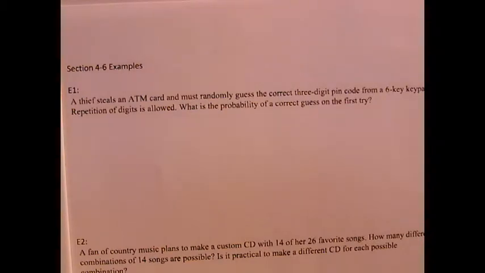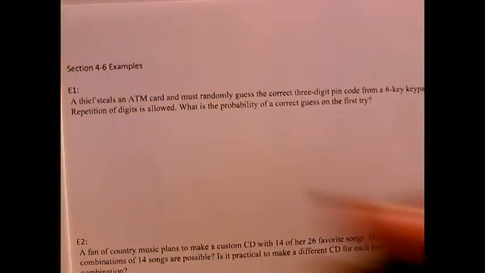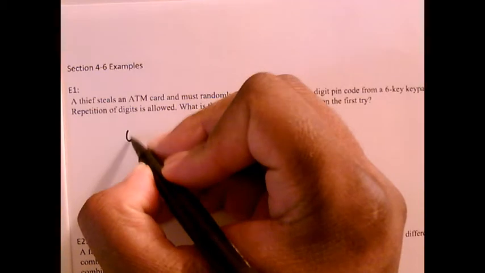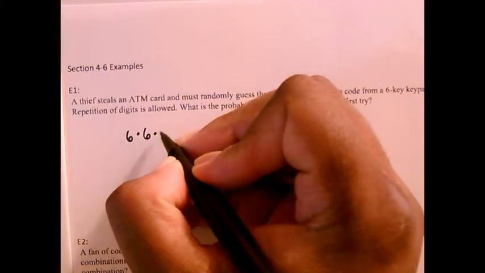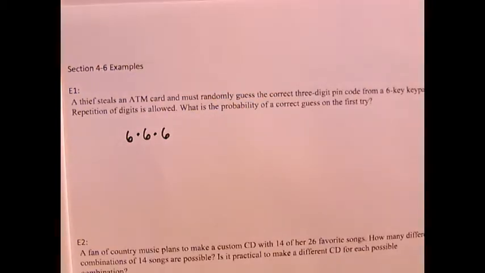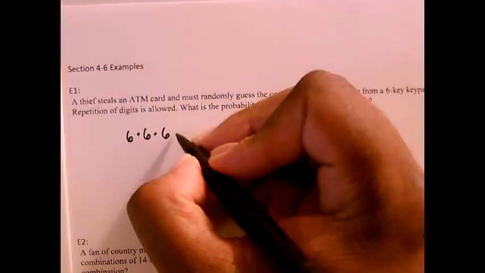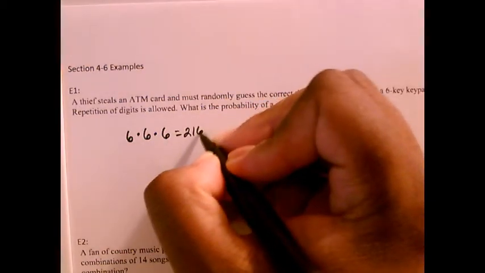Okay, so here there's the keypad with 6 digits on it, and repetitions are allowed. So on the first number, he gets to choose 6. The second number, he gets to choose 6. The third number, he gets to choose 6. This is a 3-digit PIN code. Okay? So if I multiply 6 times 6 times 6, I'm going to get 216.